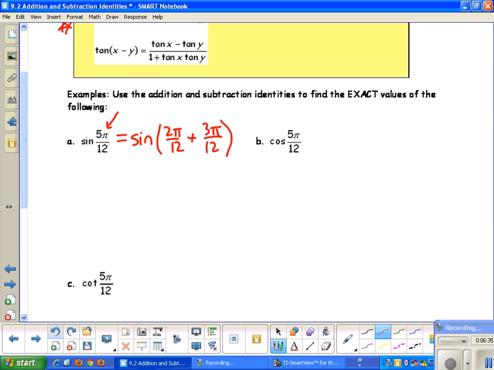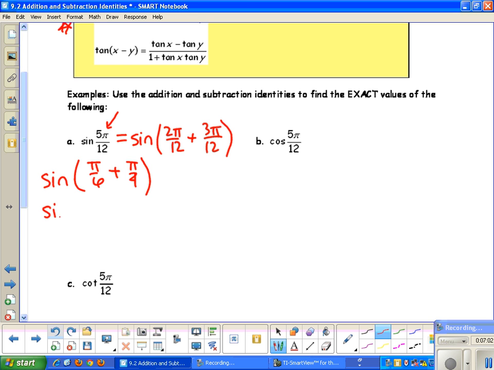And notice that 2 pi over 12 is really the sine of pi over 6. And then this would be plus pi over 4, and notice that these two values are on my unit circle, which is nice. So because of that, I can use my addition identity for sine to come up with the exact value answer for the sine of 5 pi over 12.